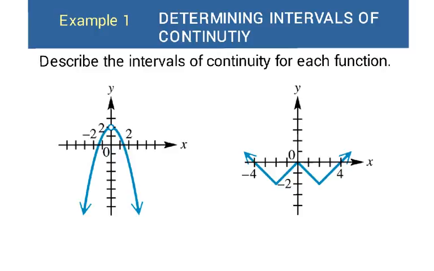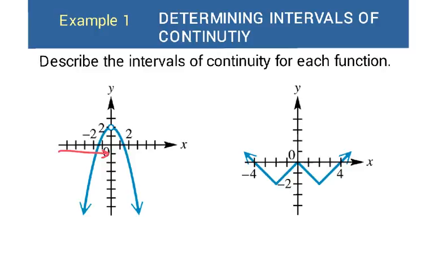So for this first graph right here, looking at the domain, meaning the x values along the x-axis, going from left to right, we see that we can draw this graph from negative infinity to this point right here, because this right here is an open circle. That means it's discontinuous at that point. And also we are lifting our pencil to stop drawing at that point and then drawing the rest of the graph.